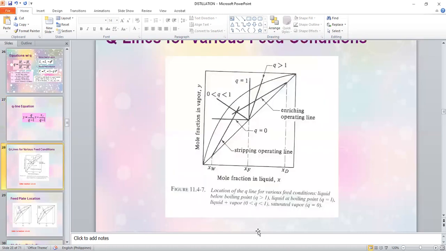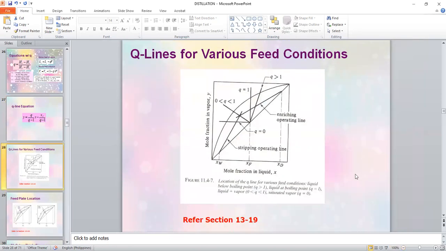Here. I think it's in here. Make it smaller. So, you could see in here, this is not the way you draw it. You only have 3 operating lines in your equilibrium diagram. So, the enriching section operating line, this one, the stripping section operating line, and the feed line.